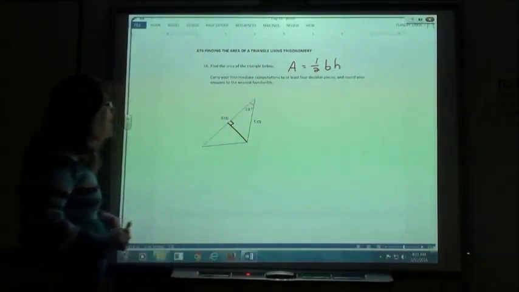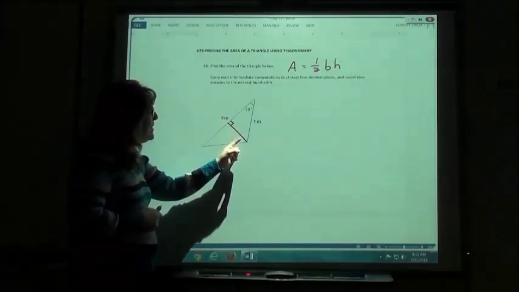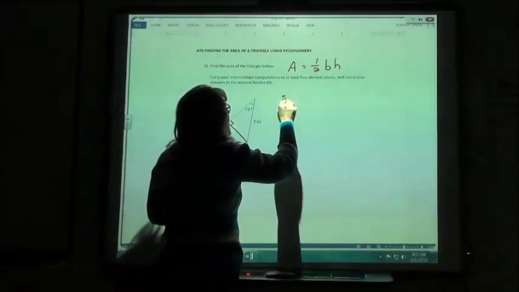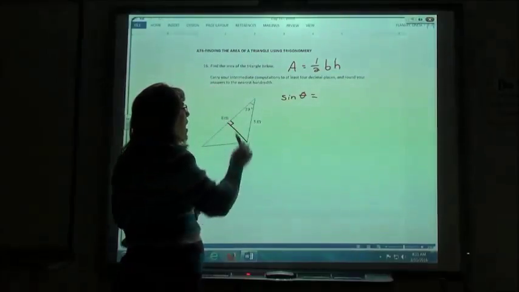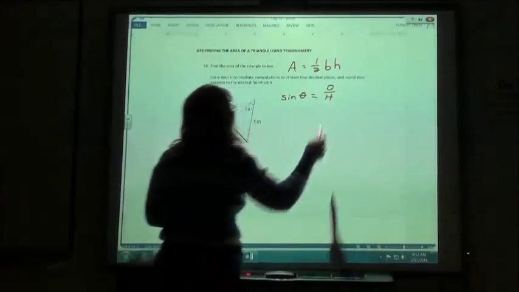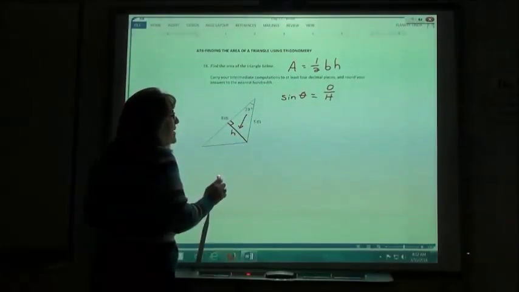And so now I have my right triangle in there, and I need to find what my height is. So I'm going to use that the sine of my angle is equal to the opposite over the hypotenuse. The side opposite here is actually going to be my height.